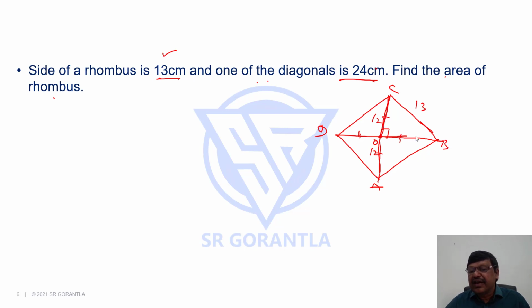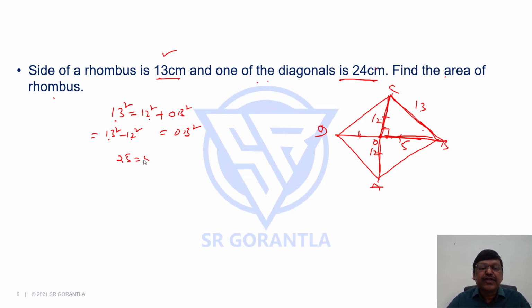As I said, this is a right angle triangle. If the hypotenuse is 13 and one side is 12, what is the other side? In one of the earlier sessions, we discussed common triplets. So this will be 5. And if you cannot recollect this, then you can apply the Pythagoras theorem. 13 square equals 12 square plus OB square, or OB square equals 13 square minus 12 square, 169 minus 144, which is 25, which is nothing but 5 square.